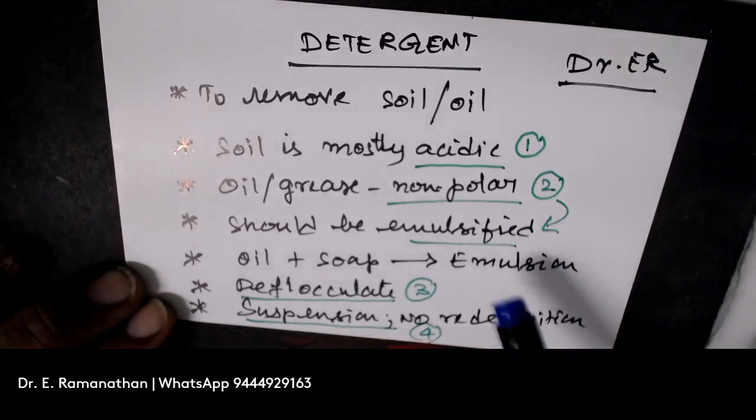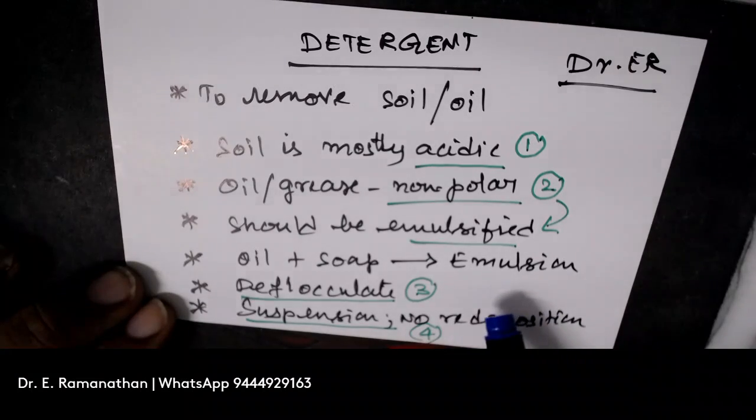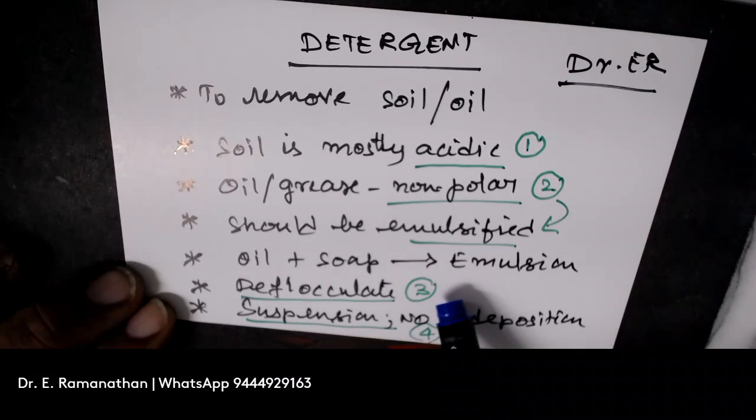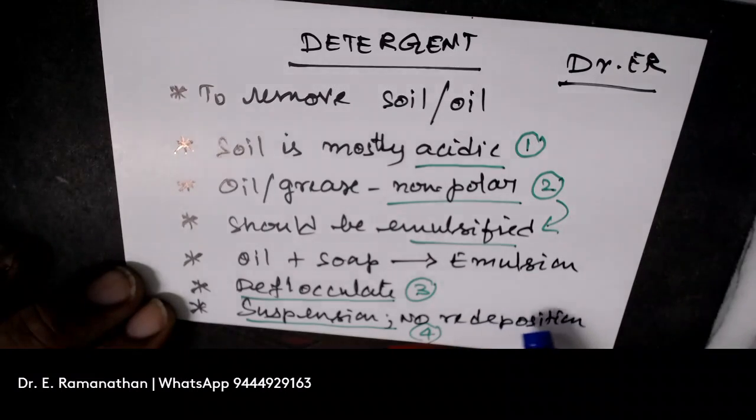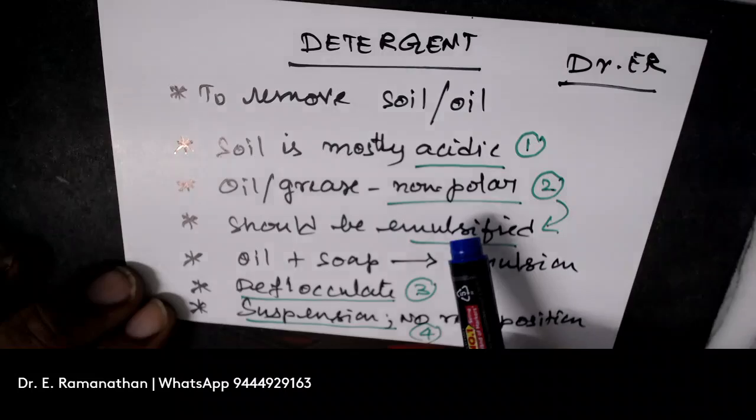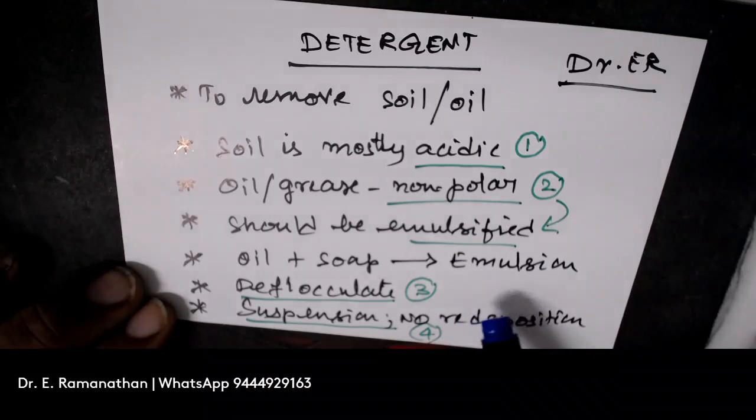Then, to further break down the extraneous or foreign materials on the body, we have to add this deflocculation agent. And finally there should be some suspension so that we ensure no redeposition of these particles on the substrate. So take care of all these four important ingredients when you formulate any detergent.